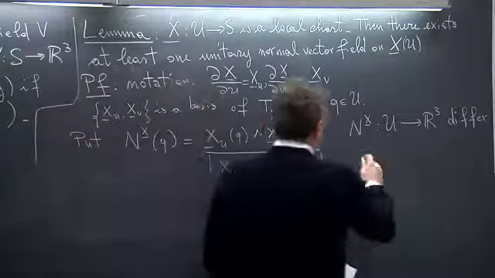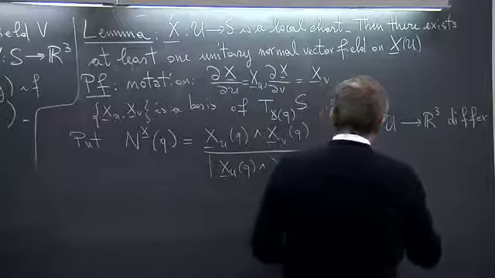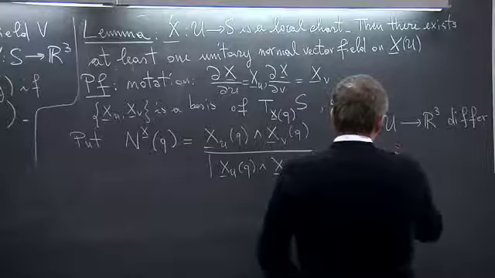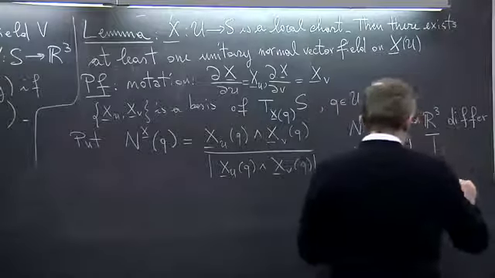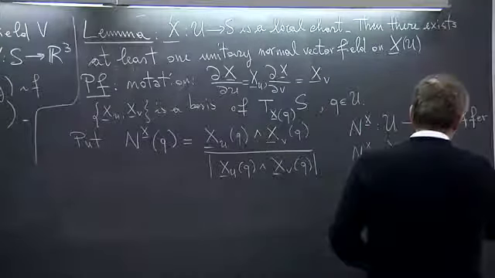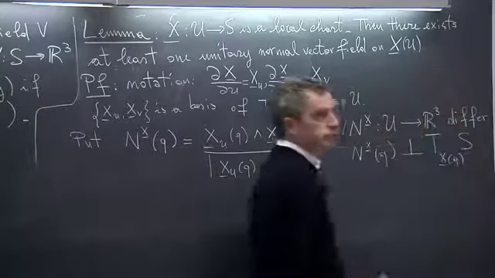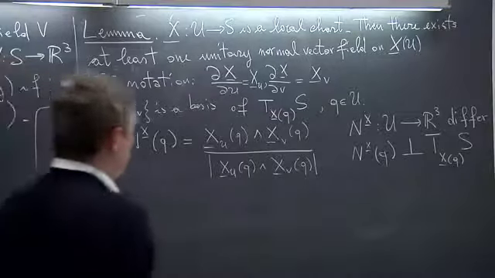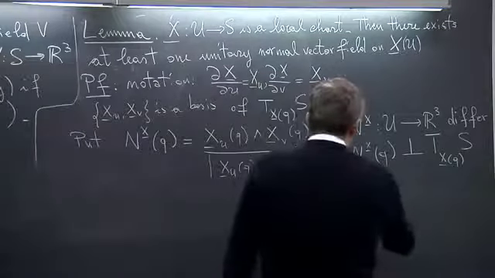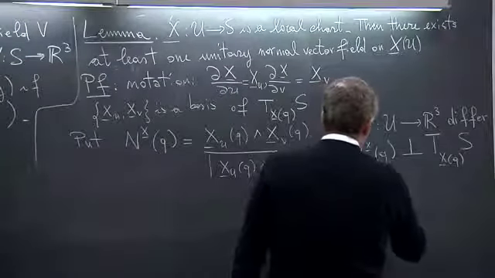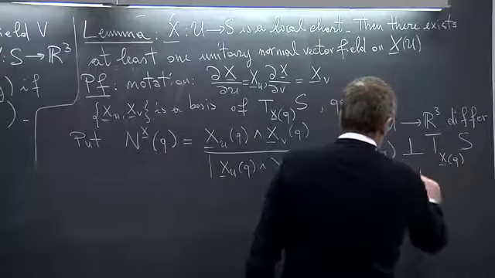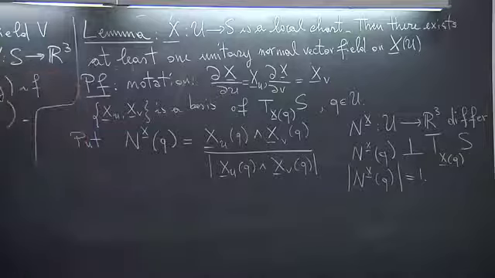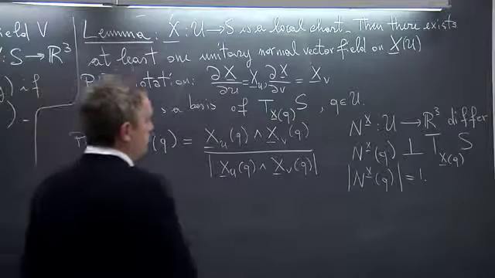And Nx at the point Q is orthogonal to the tangent space to X of Q, by definition, for what we constructed. And let me just write it for memory, at every point the norm is equal to 1. So this looks like a unitary normal, but we have to change the domain.